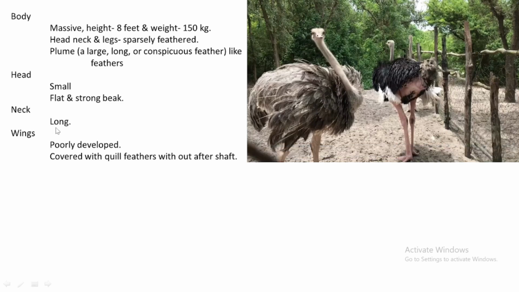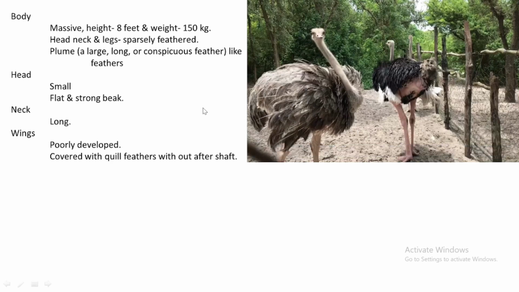Then regarding the neck, it is very low and wings are poorly developed, and it is covered with quill feathers. Quill feathers are the main feathers seen in the wings, and they are without after shaft. What is after shaft? I will explain later in the section itself.